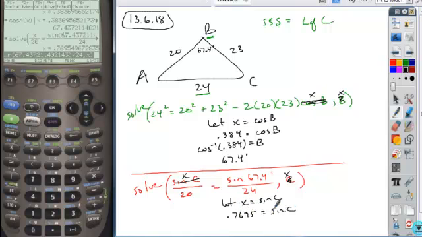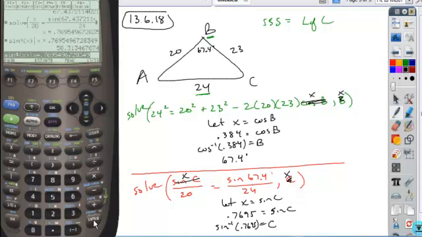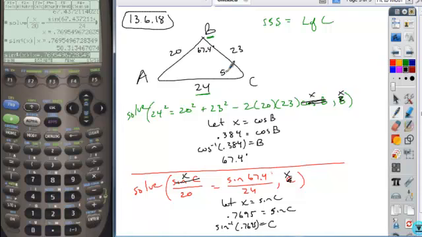And I can solve for the angle C by taking the inverse sine of that ratio. So take inverse sine of x, use the width key, and let x represent the given ratio. I get C to be 50.3 approximately.